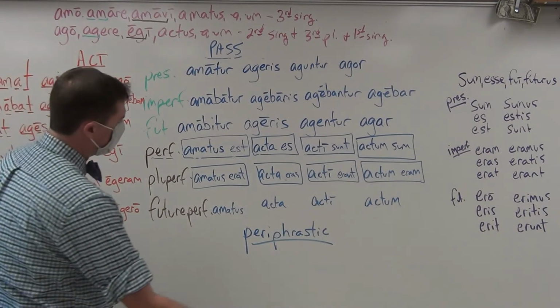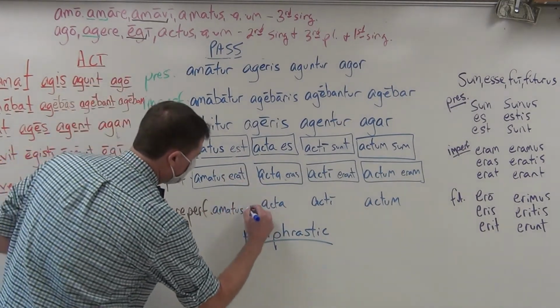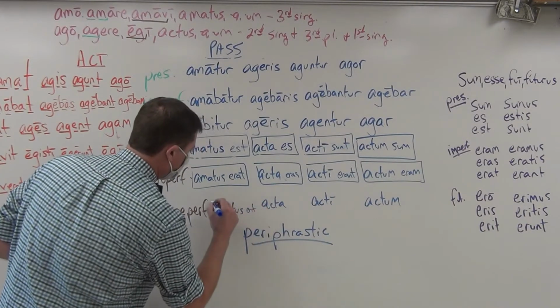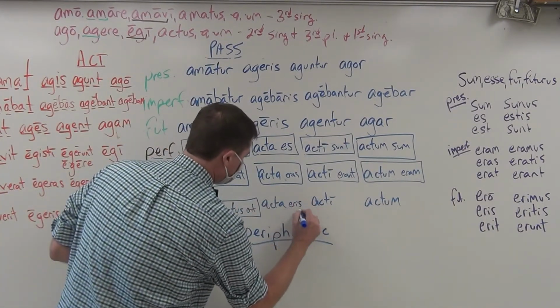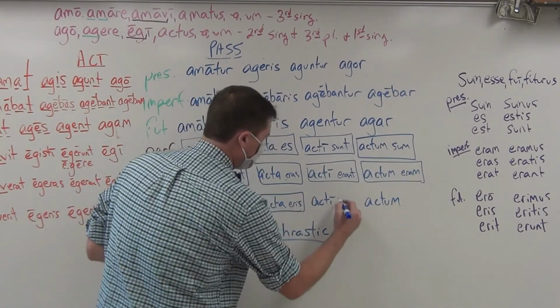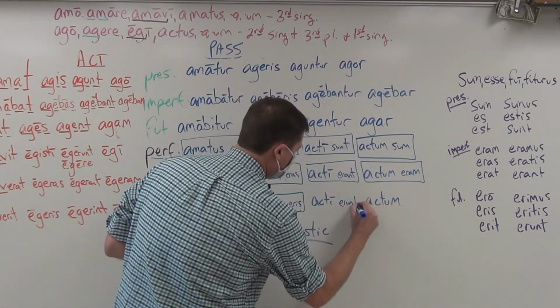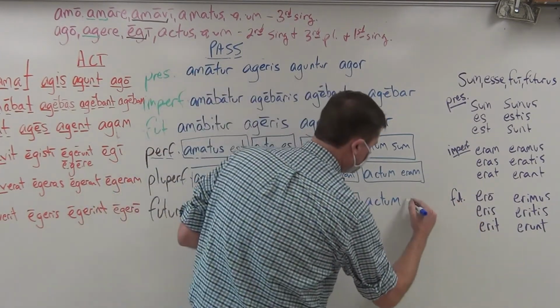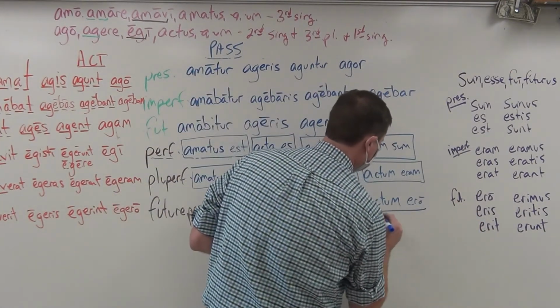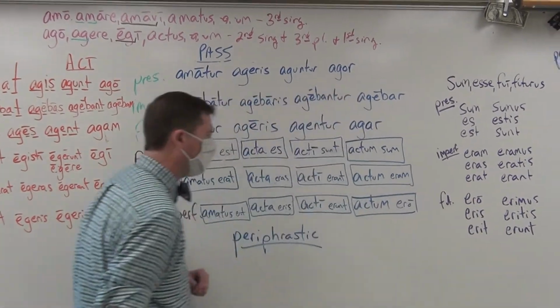So, est, erat, future perfect, pairing with it, erit, and it functions as a unit. Over here, eris, and it functions as a unit. Here, erunt, and it functions as a unit. And here, ero, and it functions as a unit.